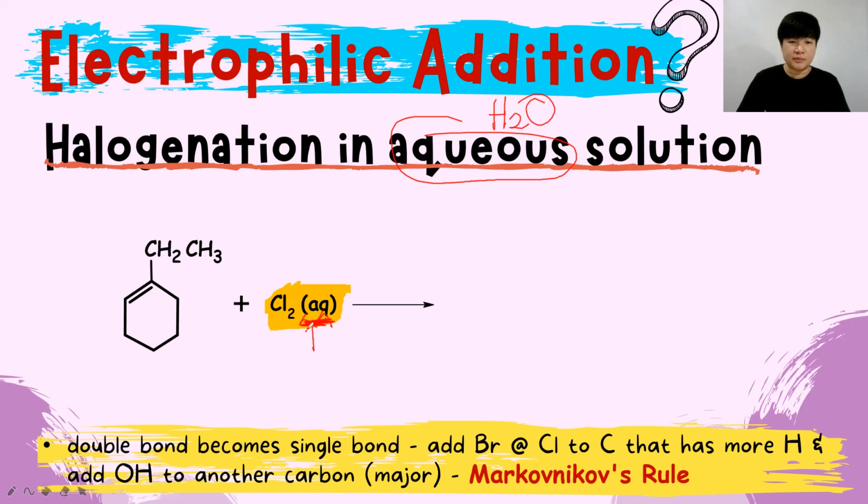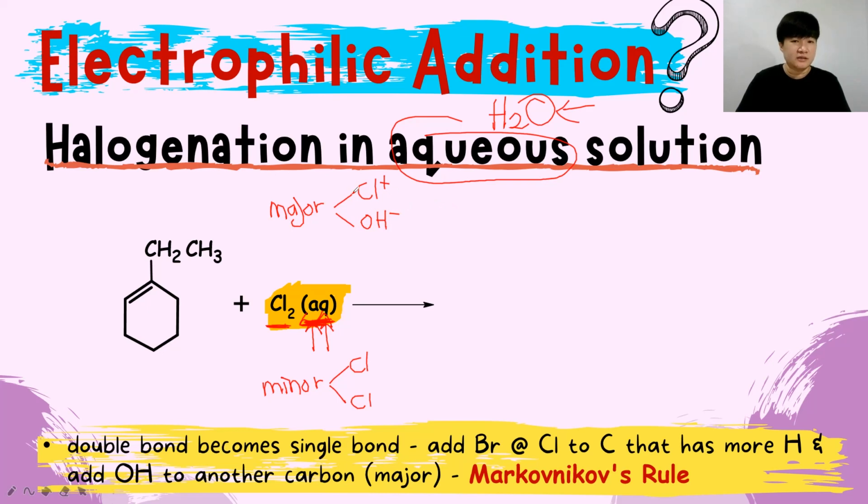Looking at this bracket aqueous, you should already know that we also have the presence of OH minus from the water. And since it's Cl2 aqueous, we will have your major and also your minor product. Your minor product is simple: you will be adding in Cl. For your major, you will be adding in Cl positive and also OH minus.